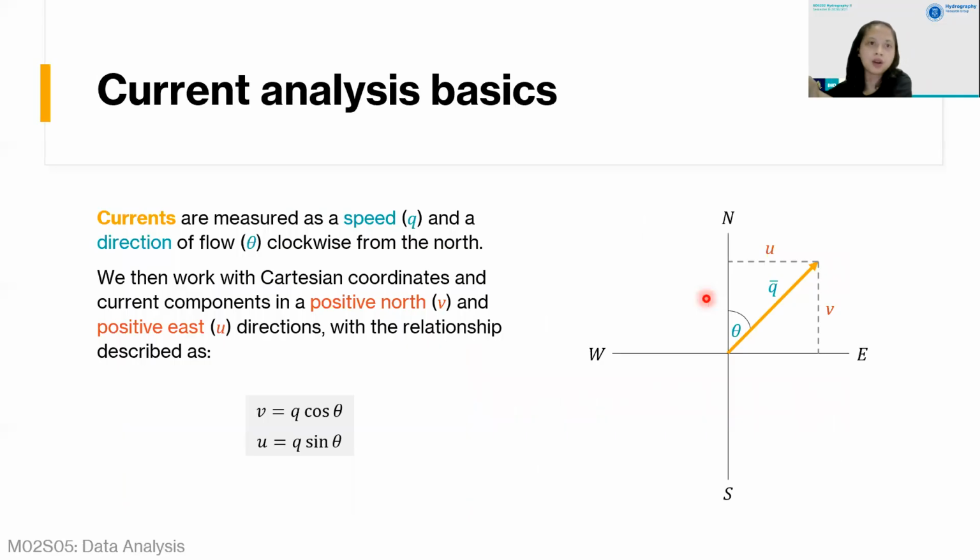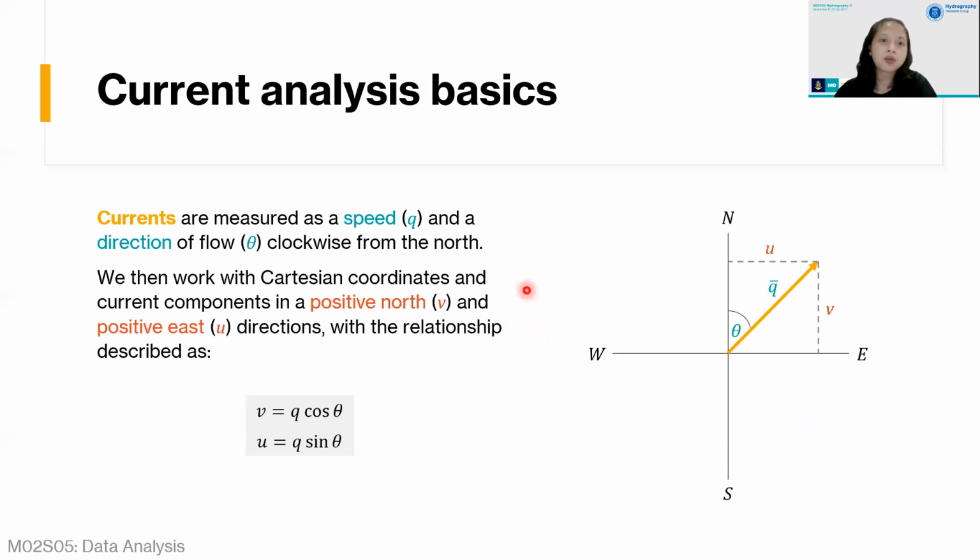So that's when we go to the data analysis. The basics of current analysis is that we are measuring speed and direction of the flow. Speed is q, and the direction of the flow we can define as theta, clockwise from the north, basically just like azimuth.